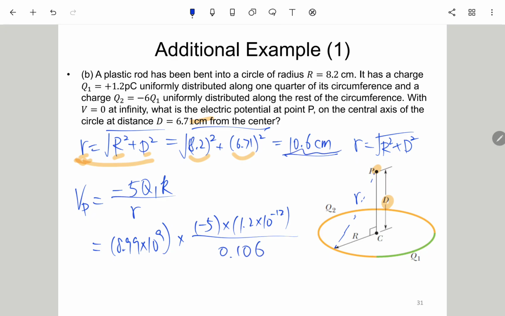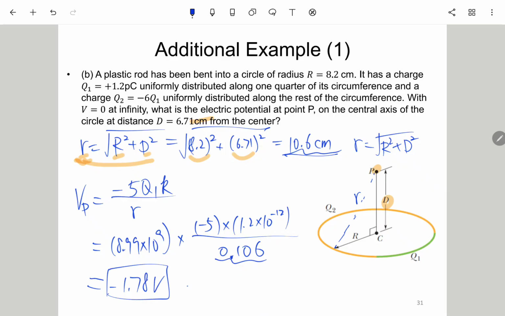Even though we used centimeter, here we changed the dimension, so we really need to change it to the SI unit, which is meter. So 0.106 here. So finally, negative 1.78 volts.